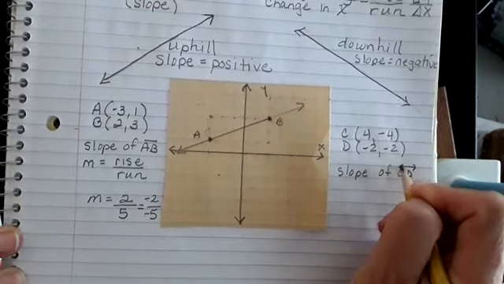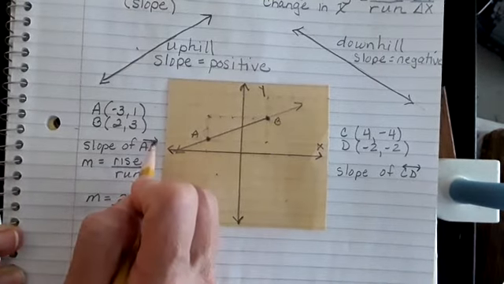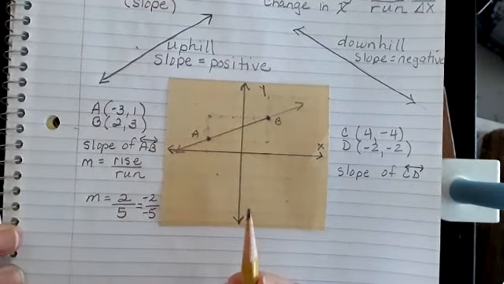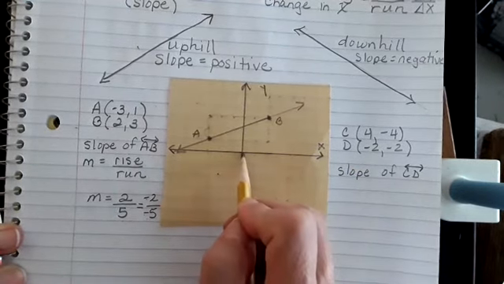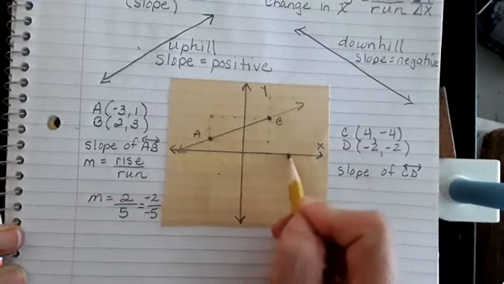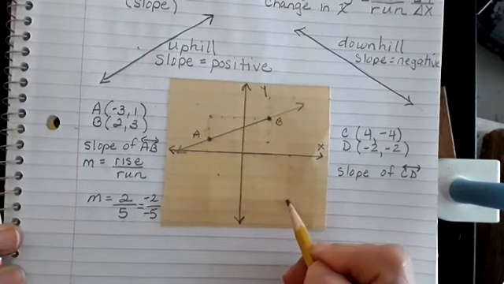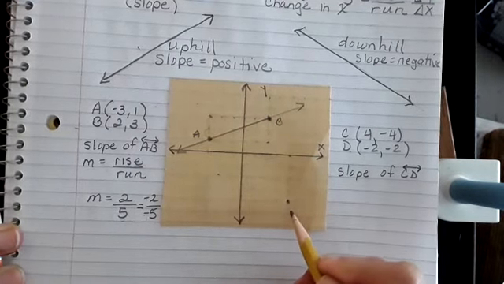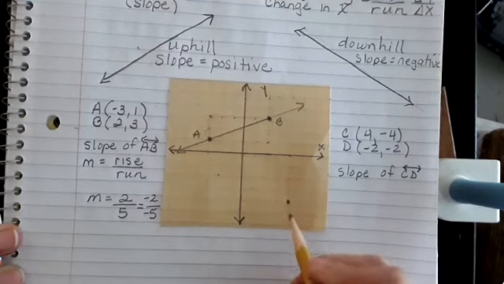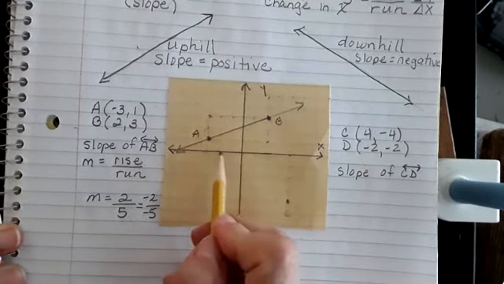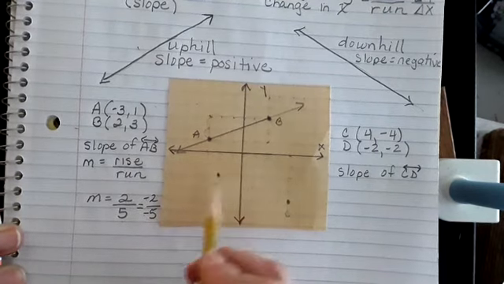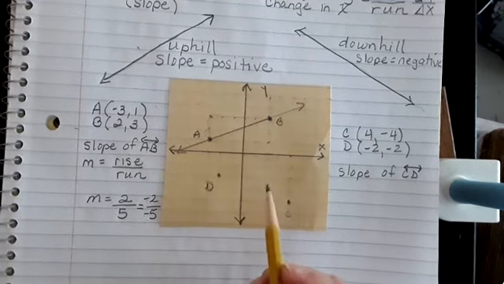And technically, these are going to be lines I create, so I'll put the line symbol above that one as well. All right, let's plot these points: to the right 4, down 4. All right, so that is where point C is going to be. And then D is to the left 2 and down 2. So there is D.